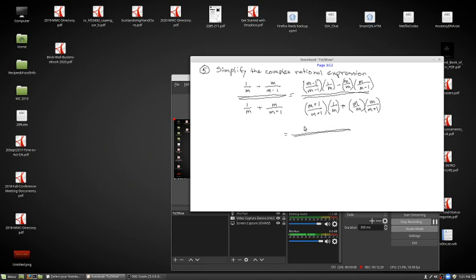Now on the top here, our new numerator is going to be m times m minus 1. And then on top of that, for its numerator, we're going to have m minus 1 minus m squared.